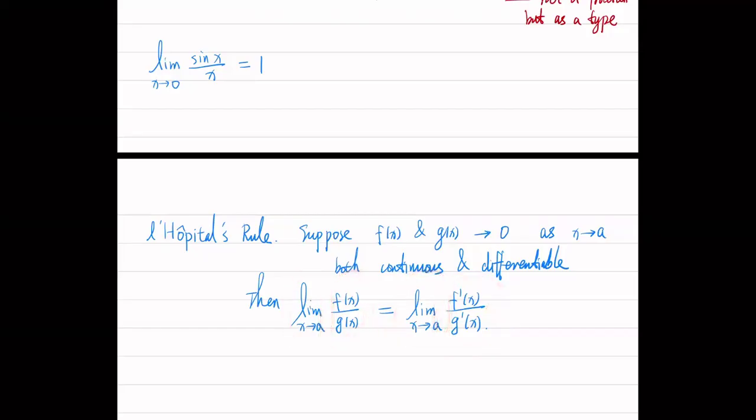Let's compare this. Is this the derivative of the quotient? Okay, yes or no? If we take a derivative of this, do we get this one? No, we should have the quotient rule.